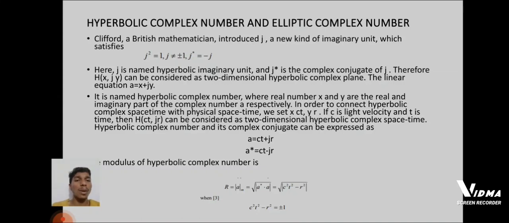The modulus of the hyperbolic complex number is r equals the modulus of A, suffix m, equals the square root of the modulus of A star into A, that is equal to the square root of the modulus of c square t square minus r square. This is the third equation, and c square t square minus r square equals plus or minus 1.